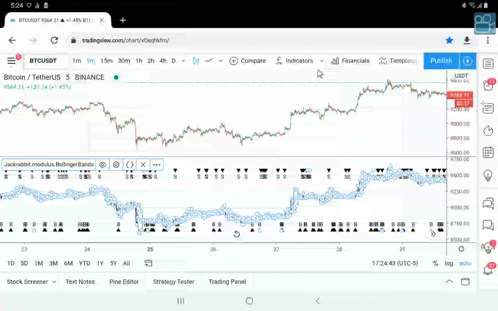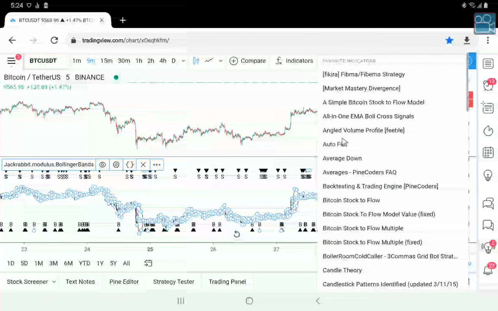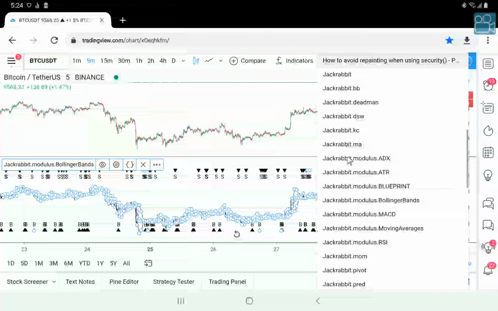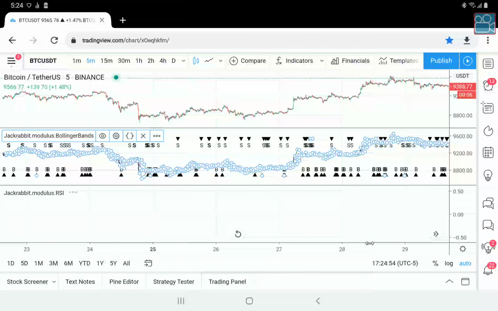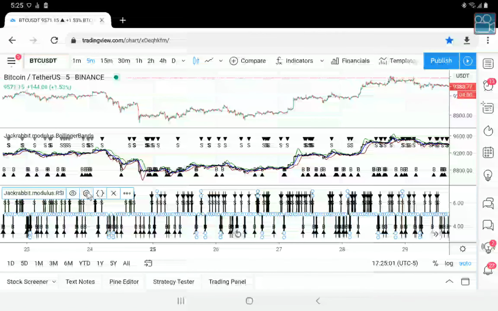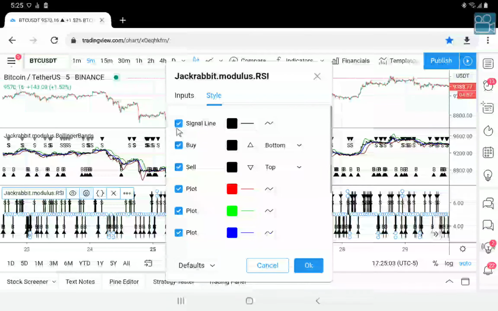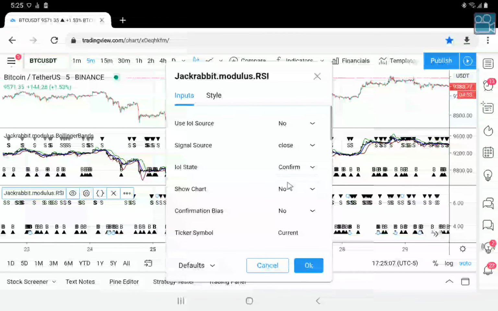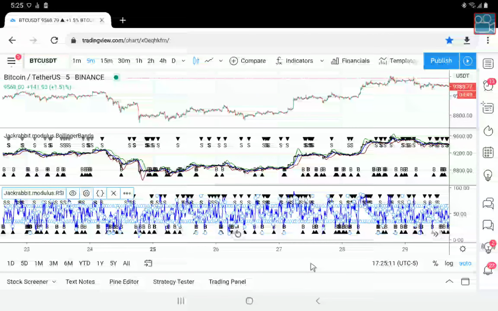Okay, and now let's load RSI. Again, turn off the signal line and display the chart. Now, both of these are at default settings, nothing special about either one of them.